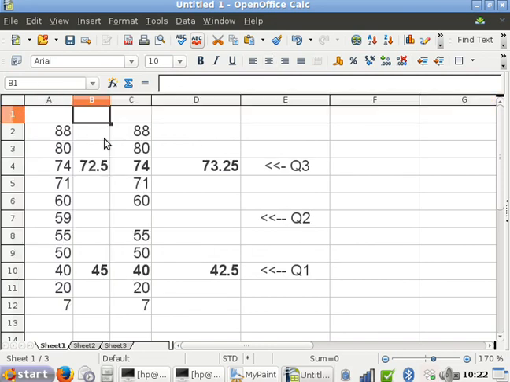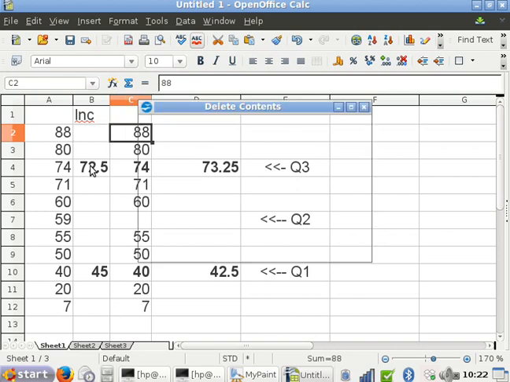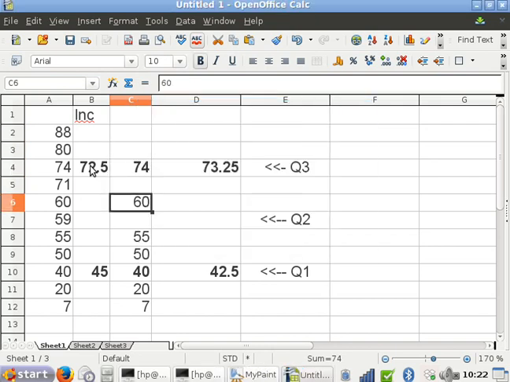And this answer here, what was this one here? This is when you include the median. The answer I got here, let me just delete these, I don't need to write them again.